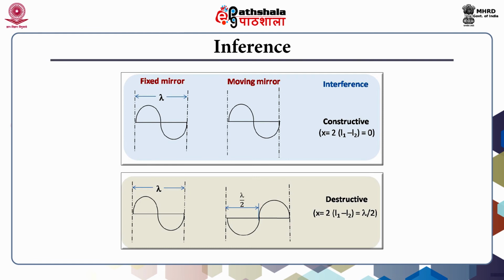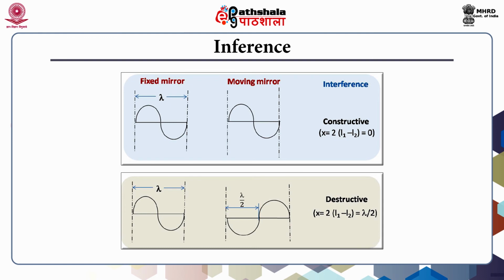In the second inference, if x is equal to half lambda or 3/2 lambda or 5/2 lambda or 7/2 lambda and so on, the two beams will interfere destructively. We can say for destructive interference x is equal to n plus half, multiplied by lambda, where n is an integer.